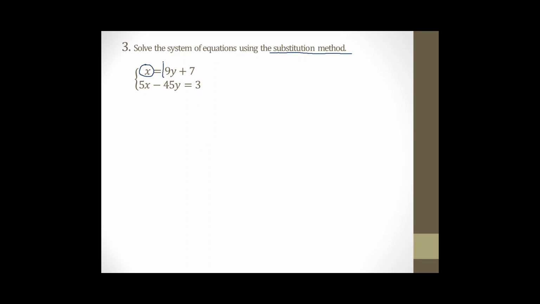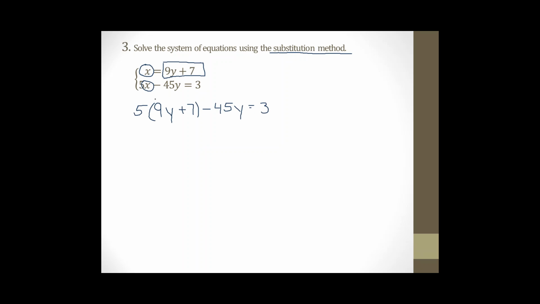So what we do is we take the value of x and plug it into the second equation for x. So basically we're substituting. So 5 times, now x equals 9y plus 7, and then continuing with the second equation, minus 45y is equal to 3.